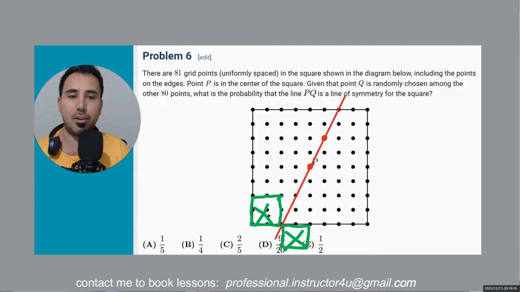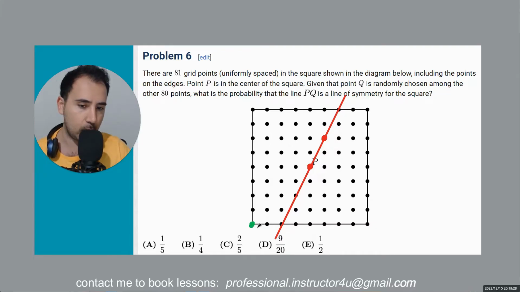So that's not a line of symmetry, okay? If it is a line of symmetry, for any given point, if I go 90 degrees to this and continue the same, there has to be a point over here. There is no point like this, so that's not a line of symmetry.